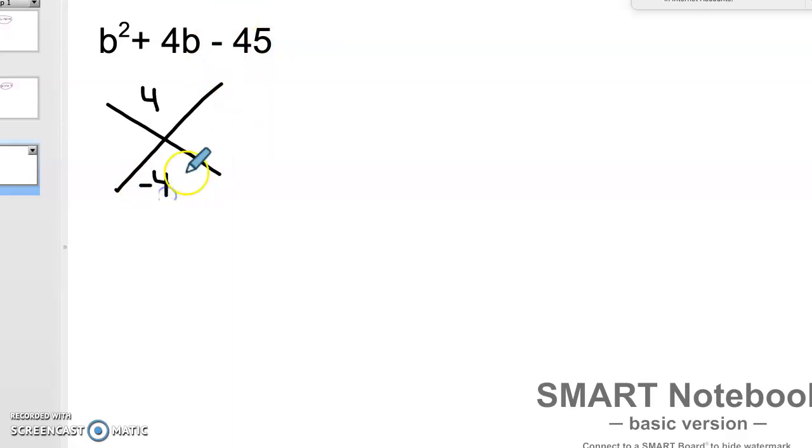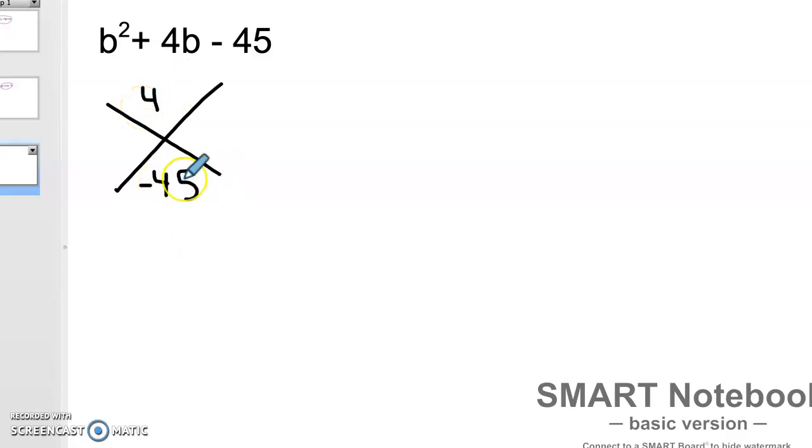So now at this point you should be thinking, I need a positive number and a negative number. Because of that, negative 45 means a positive and a negative multiplication sentence. Now to get positive 4, I hope you're realizing that you should probably think about having a greater positive number and the negative number being a little bit smaller. Because when you add a big positive number plus a small negative number, the number should still stay positive.